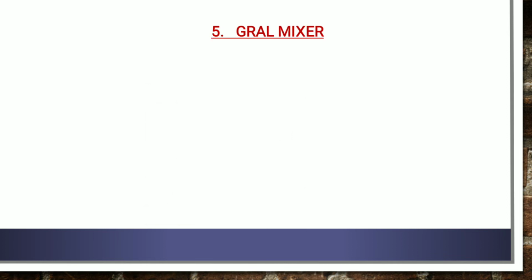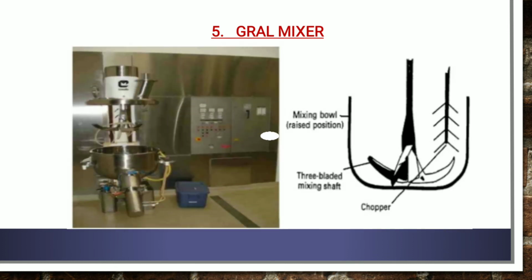Then the next equipment is the Gral mixer. You have already seen this. So this Gral mixer processor is a modified industrial planetary mixer. It consists of two mixing devices. Three large blade shafts provide mixing motion on the powder. Then a smaller chopper blade is used to cut the wet mass into granules.